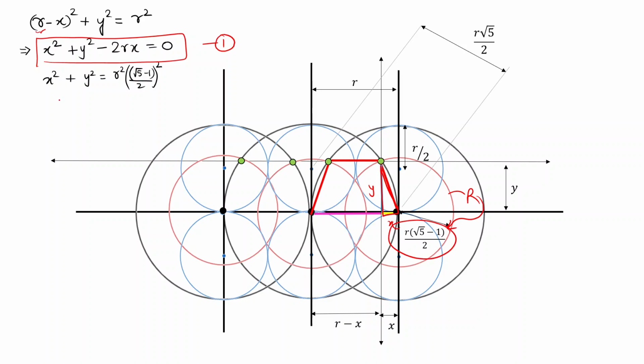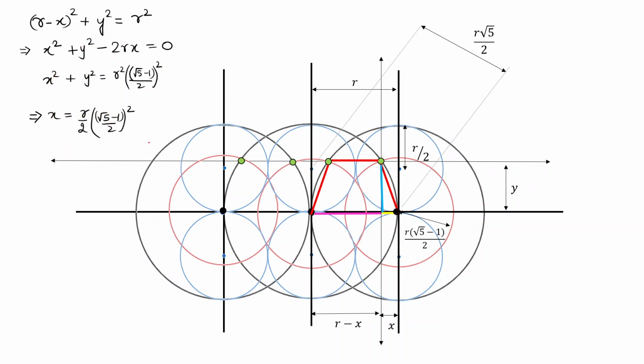So you make this another equation, and you see it's very easy to solve them. You can subtract 1 from 2, x squared and y squared will get cancelled out. This minus 2rx will become plus 2rx, equal to r squared by this, and then very simply you see that this is your x. And what do we have to calculate?